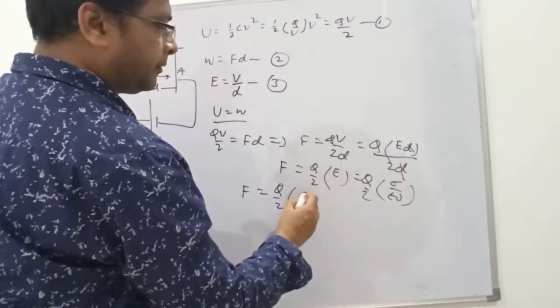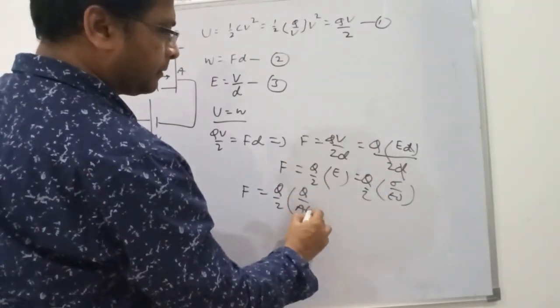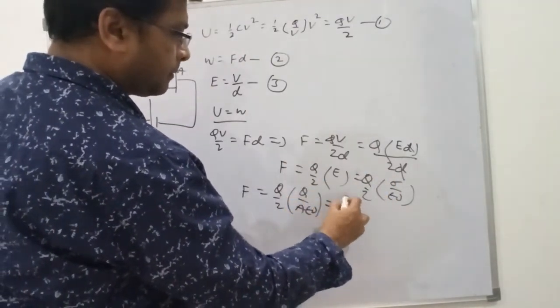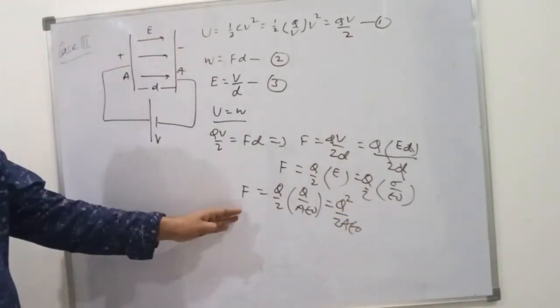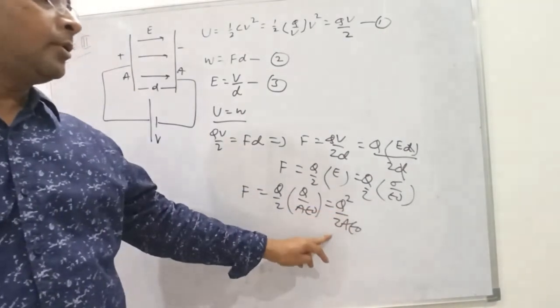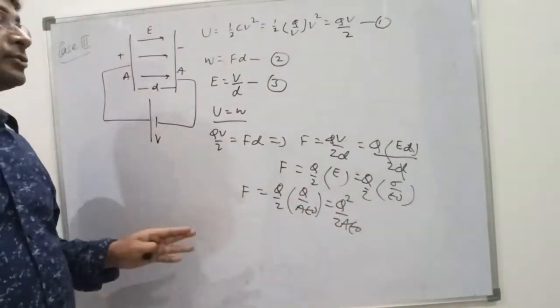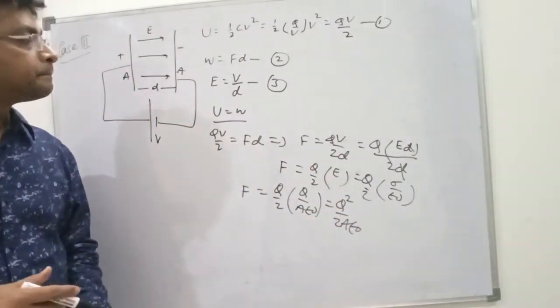In place of sigma we can write Q by A. So the total force of attraction is coming out to be Q square upon 2A epsilon naught in this case. So note it down, it's very important.